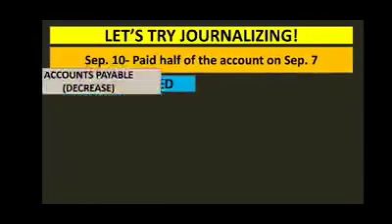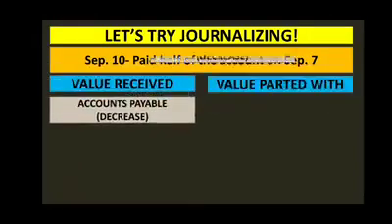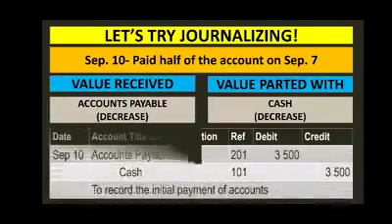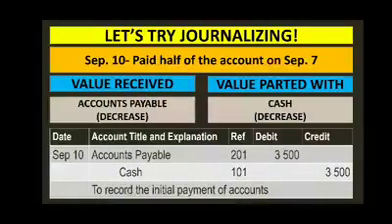Half of 7,000 would be 3,500. So, debit accounts payable, 3,500. Credit cash, 3,500. To record the initial payment of accounts.